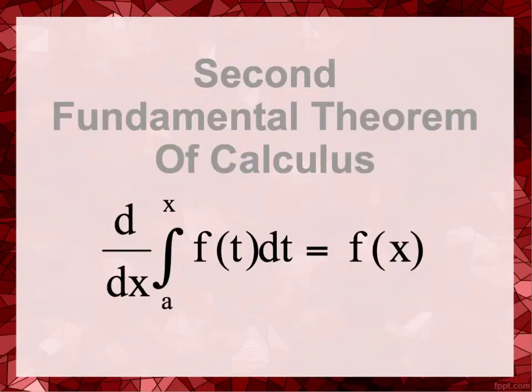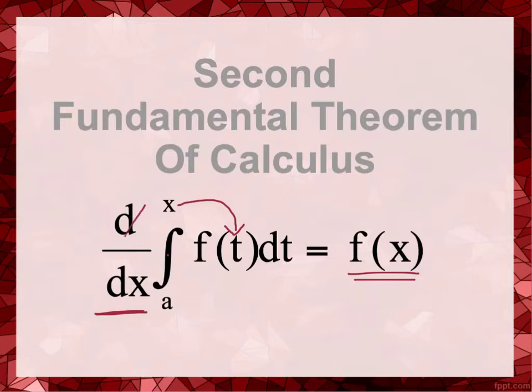Now, looking at the second fundamental theorem of calculus, it says, if you take the derivative of the integral from a to x of f of t dt, you get f of x. All you have to do is put in the x for the t, and that will be your answer, which should make sense when you think about the fact that the derivative and the integral, which is also the antiderivative, would be inverses of each other.